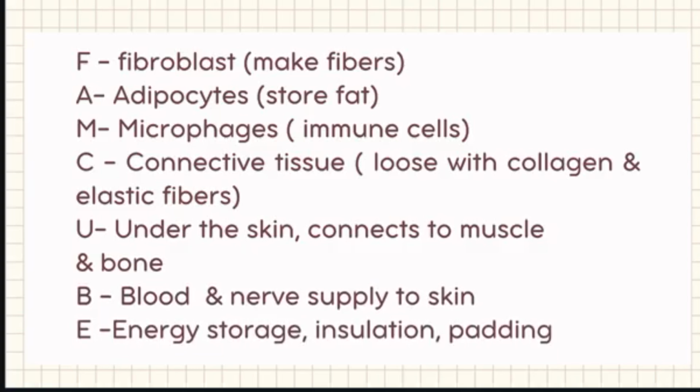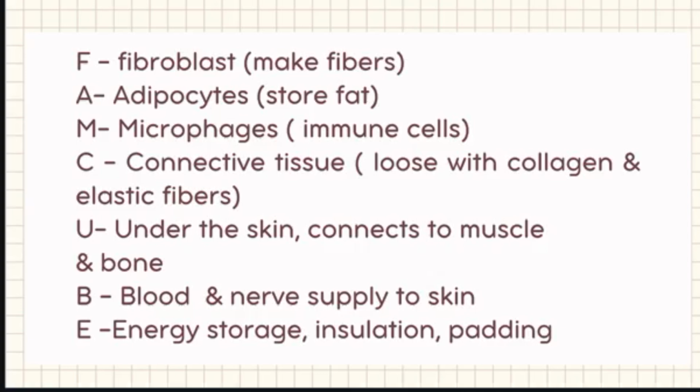Next, we have FABULOUS. So the F stands for fibroblast, which are cells that make fibers like collagen and elastic fibers. A is for adipocytes, or fat cells that store energy as fat. M means macrophages, which are immune cells that help fight infection. C stands for connective tissue, specifically loose connective tissue that contains both collagen and elastic fibers.